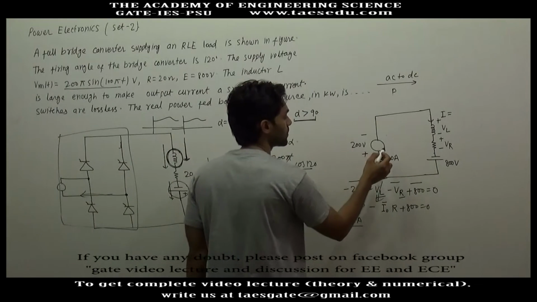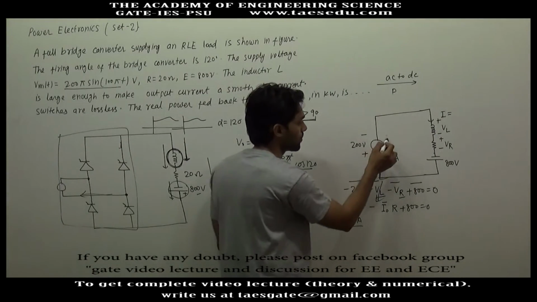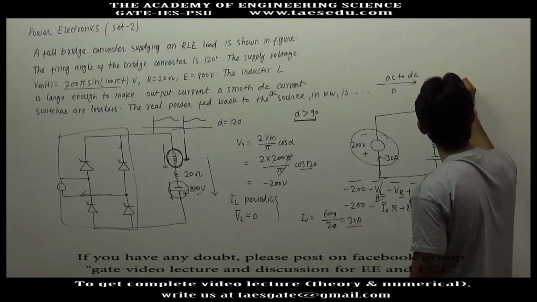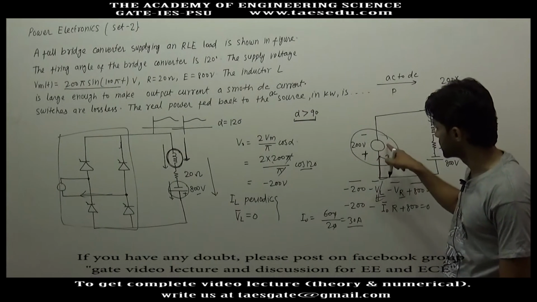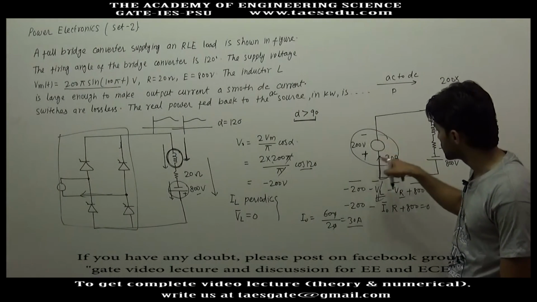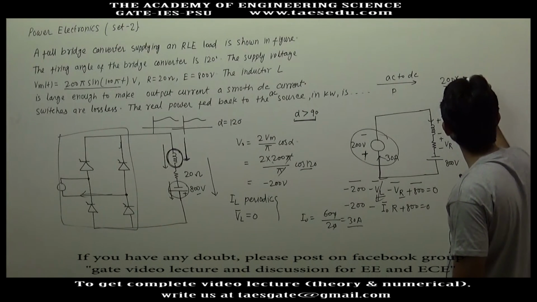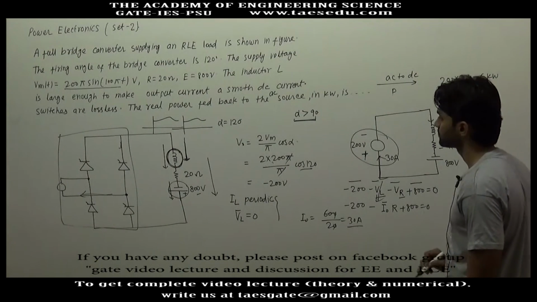So the power absorbed by this source is its voltage, and since current is entering the positive terminal of this source, this source will absorb power, and the magnitude of that power will be 200 into 30. This will be 6 kilowatt.